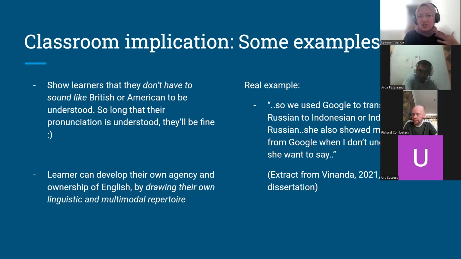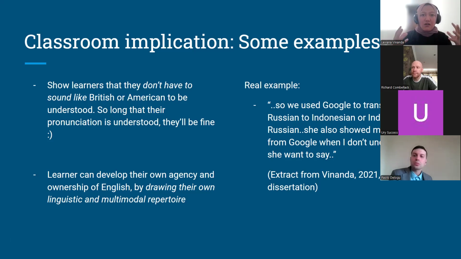Research suggests, and my own classroom practice suggests, that when we develop the students' appreciation toward the variety of other non-native English speakers' linguistic and cultural backgrounds, at the same time we also develop their agency and ownership of English, and it eventually leads to confidence for them as legitimate English language speakers.